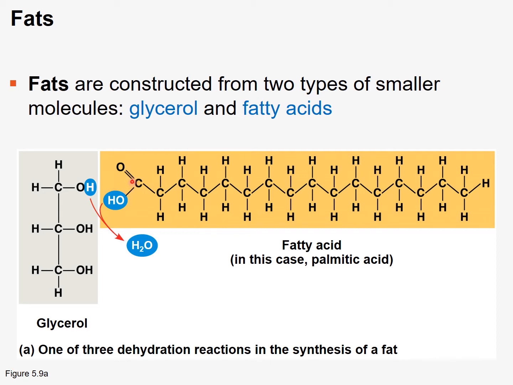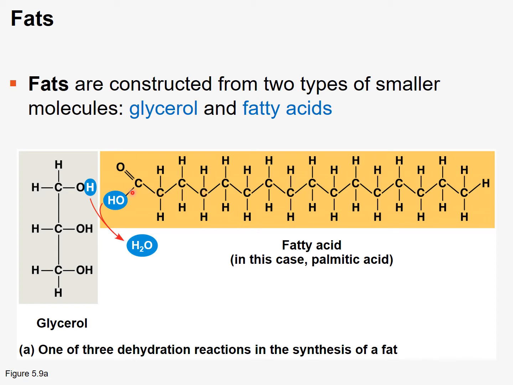And at one end is a carboxylic acid. This end right here would be considered hydrophilic, and the end with carbon and hydrogen only would be the hydrophobic region. You can see the hydrophobic region is a lot larger than that small hydrophilic region. So these are not readily going to be able to dissolve in water.